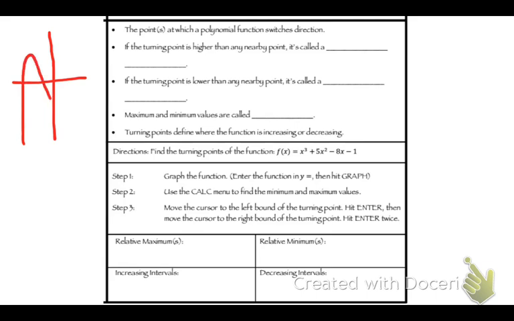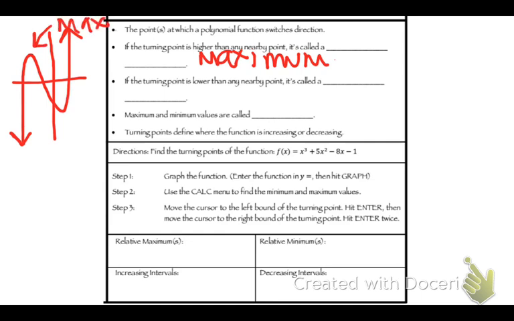If the turning point is higher than any nearby point, it is called a maximum. So this point right here would be a maximum because it's higher than all the points around it. If it's lower than any of the nearby points, that would be called a minimum. So this point would be the minimum.